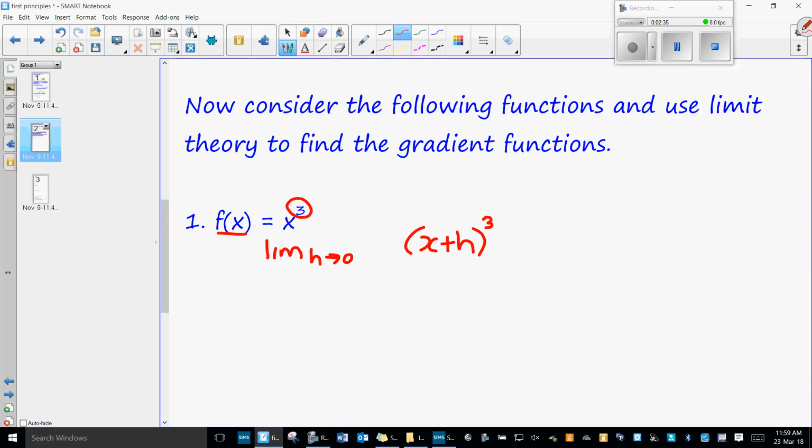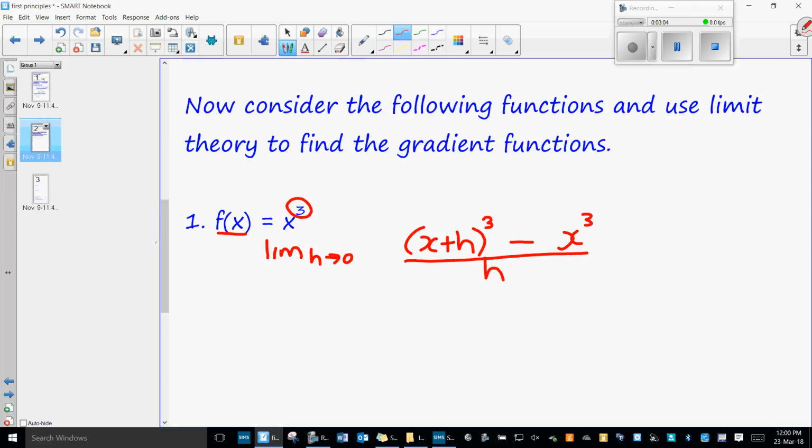Okay, so remember, if we're finding f of x plus h, we're going to do whatever we would have done to x, but this time to x plus h. So that's going to be x plus h cubed minus x cubed, over h. Because remember the formula is f of x plus h.